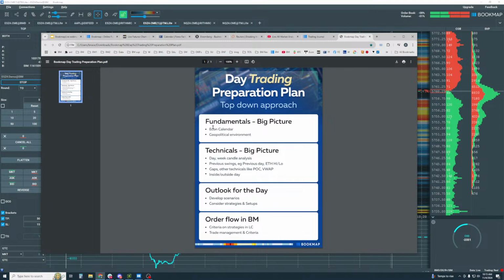Now, we've all probably written these things over and over again, so I just want to cover the basics. The bigger picture, fundamentals. This is typically what drives the market.